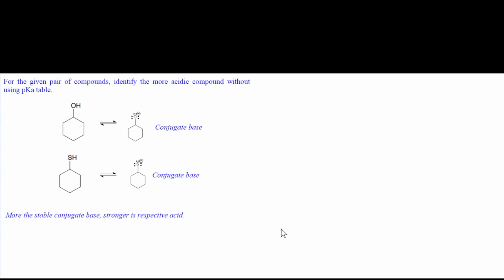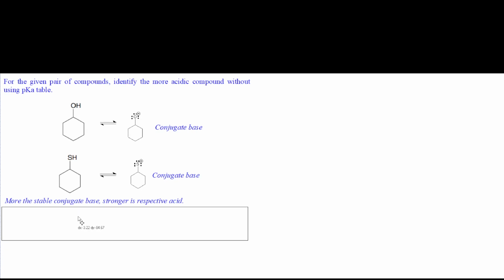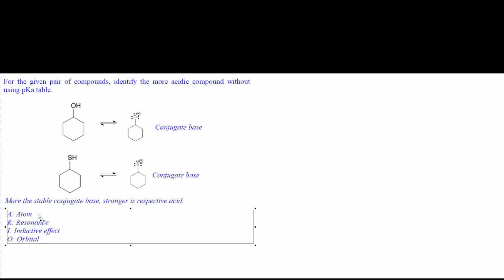To define the stability of a conjugate base, we specifically use the concept ARIO: atom, resonance, inductive effect, and orbitals. This is very well described in David Klein's textbooks. I'm also referring to that, so if you want, you can read through it.